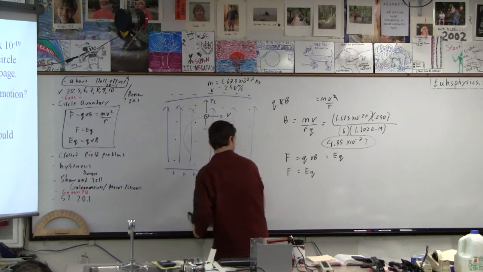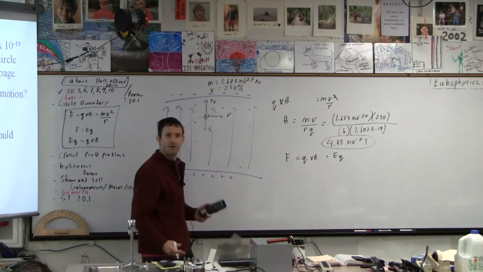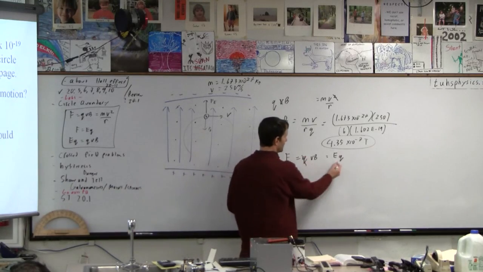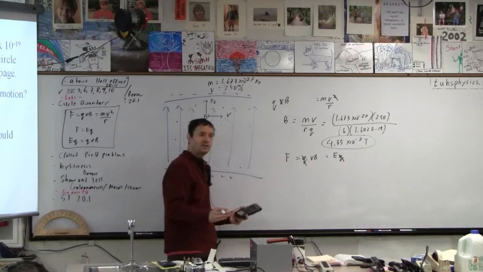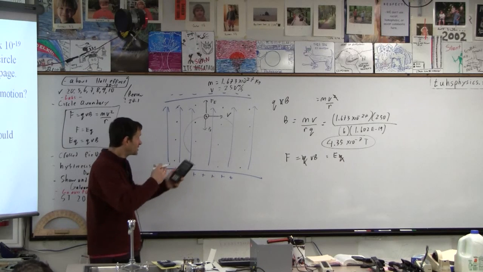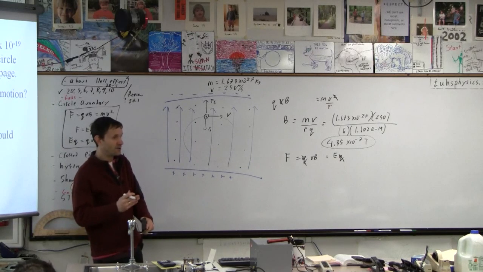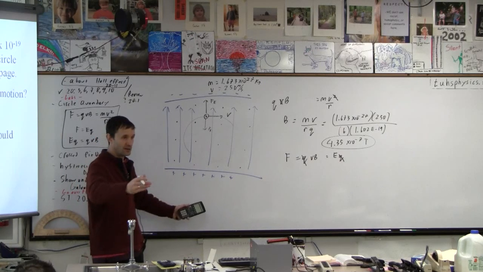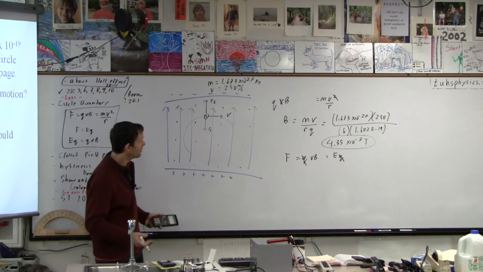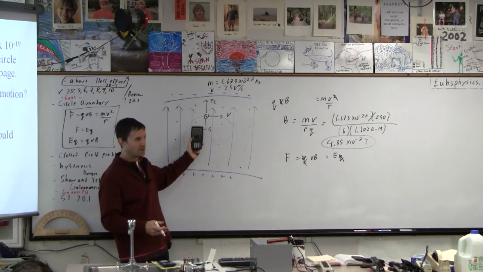Now, what cancels? That's interesting, isn't it? The charge cancels. Is the mass affected? Does the mass affect this at all? No, it affects the radius of the circle. If you don't have the electric field making it go straight, the bigger the mass, the bigger the radius, because it's got more inertia. It's harder to turn. But as far as making it go straight, the mass doesn't matter, which is kind of cool.